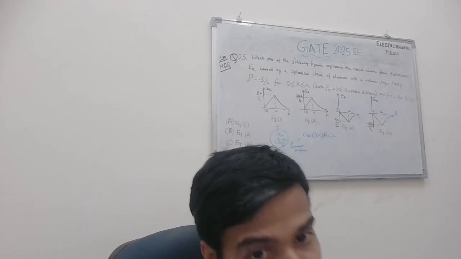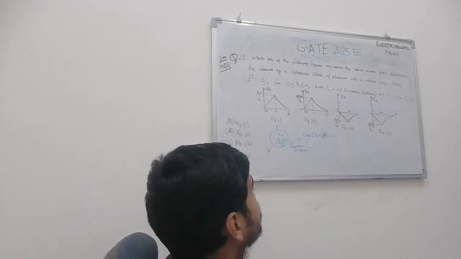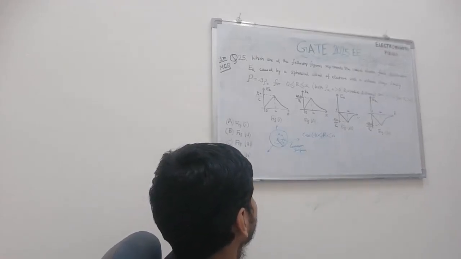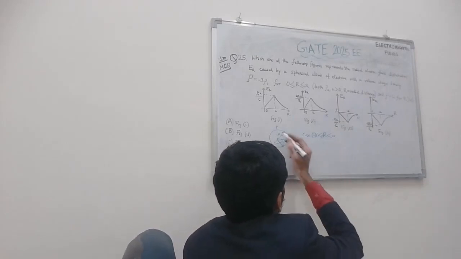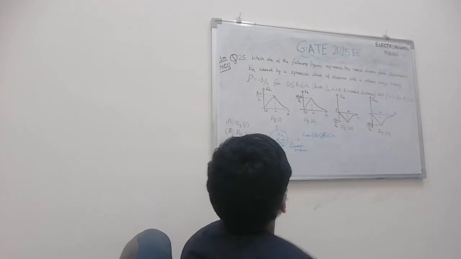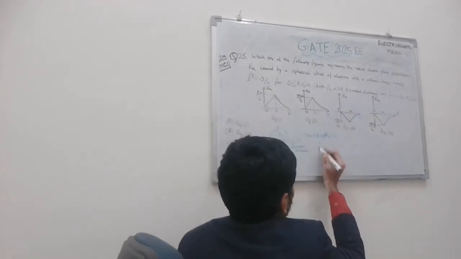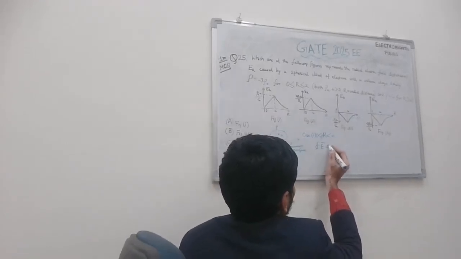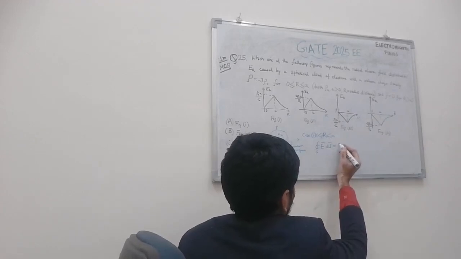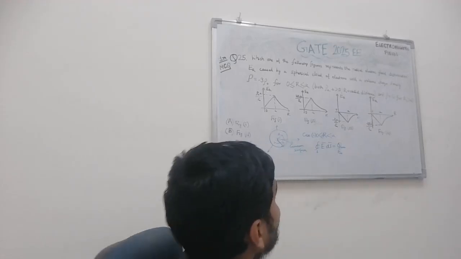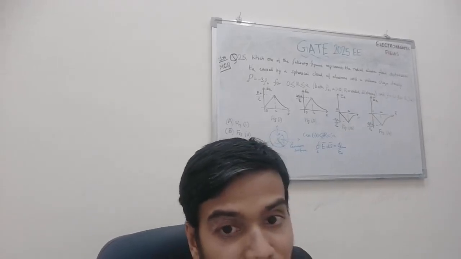So if you apply Gauss law for this Gaussian surface, applying Gauss law over this yields what? The surface integration of E dot ds equal to Q enclosed by epsilon naught. Now Q enclosed is given by what?